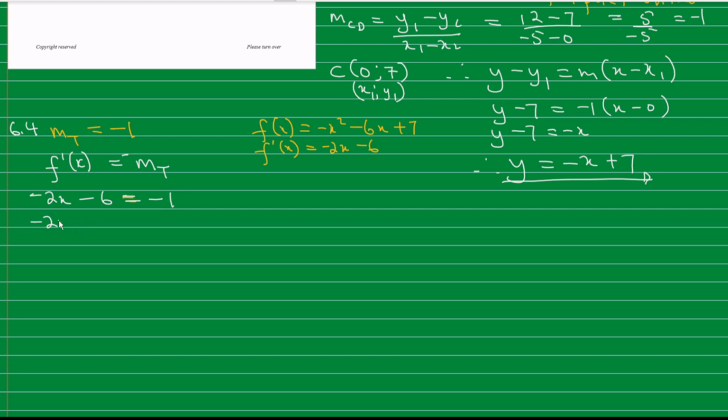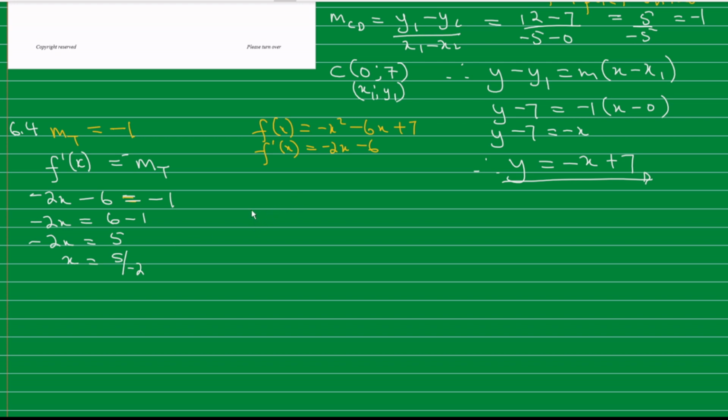So negative 2x will be equal to 6 minus 1. So negative 2x is equal to 5. So our x will be equal to 5 over negative 2. This gives us the value of x where the tangent touches the curve.